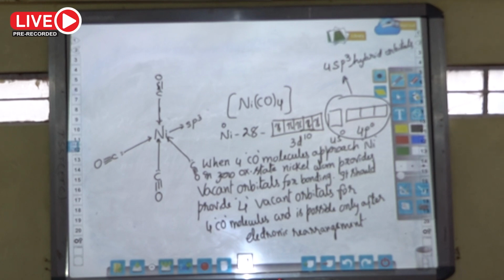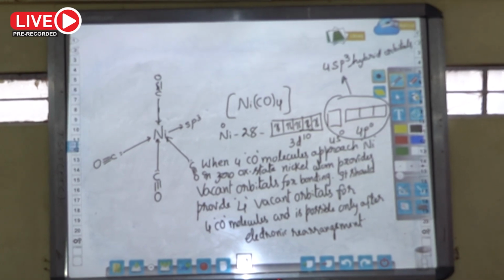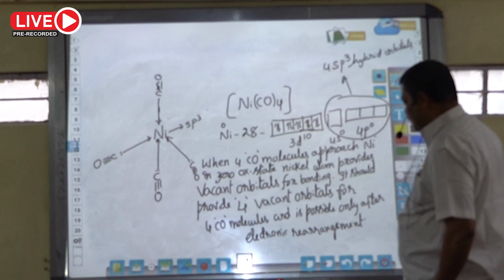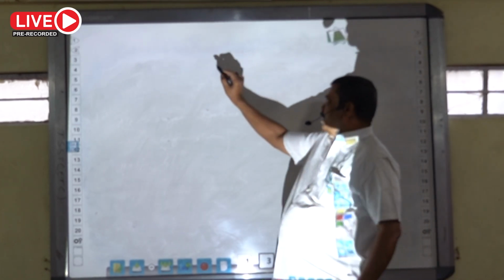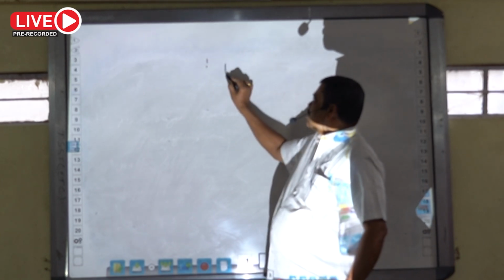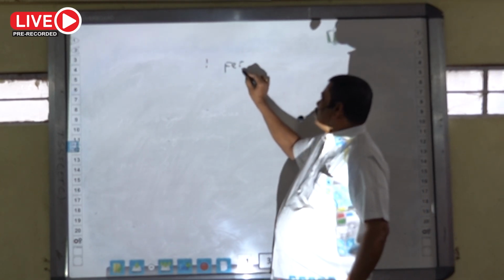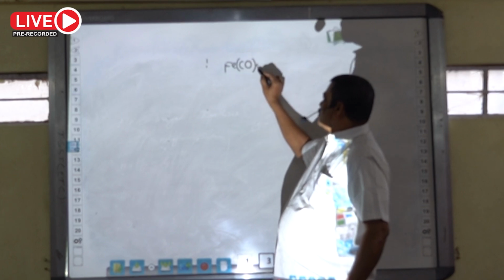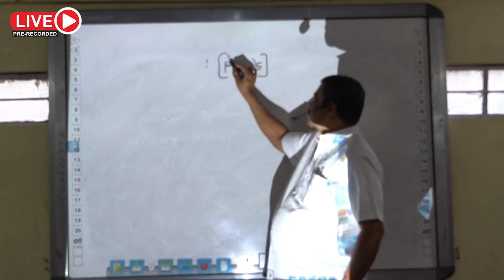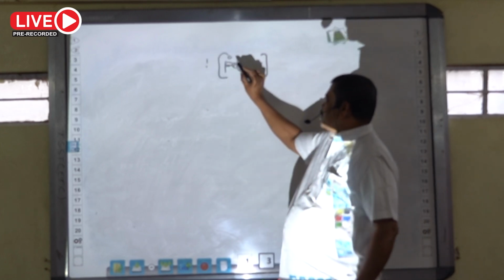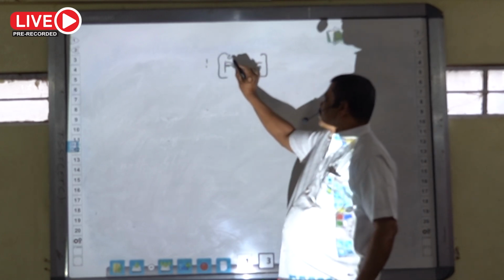Second example you write. Iron carbonyl, Fe(CO)5, with 0 oxidation state.